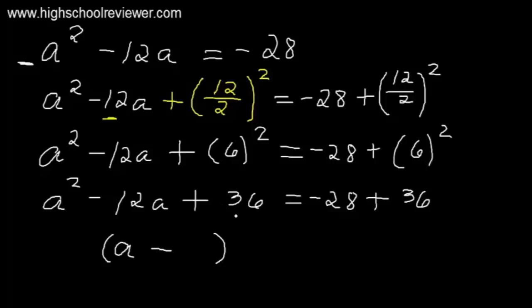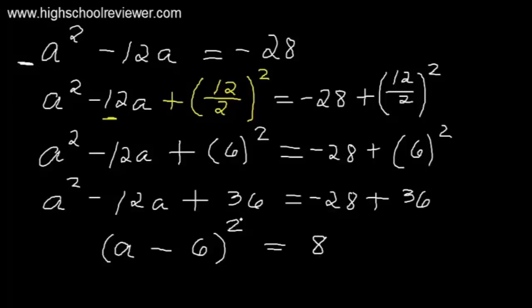So our next term will be the factor, or the square root of 36, and that is equal to 6. Now, since this is a perfect square, we are going to raise this quantity to a power of 2, and then negative 28. Okay, negative 28 plus 36 will be positive 8.